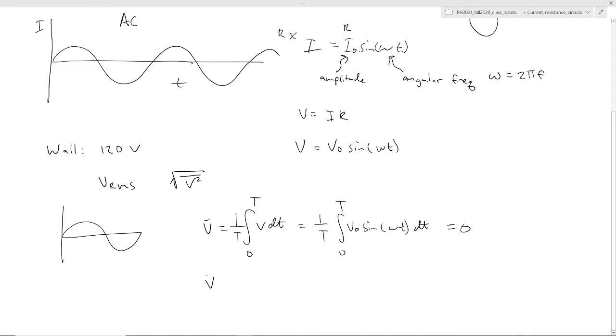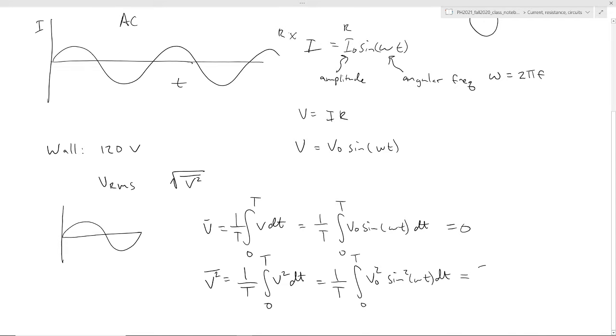Now, when we look at the average of the voltage squared, we do the same approach. You'd integrate over one period v squared and divide by one period. And what that would look like, so you'd have v naught squared sine squared omega t dt.